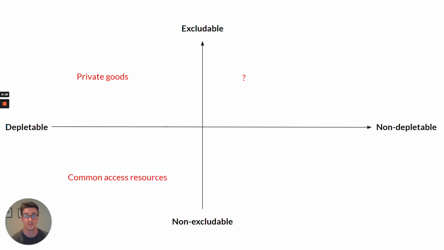Okay, remember we're talking about a world where no government exists, so we're really thinking about, can businesses stop us from consuming them in a cost-effective and practical way. Common access resources are a failure. Okay, they are a failure by the market. Private goods are not a failure.